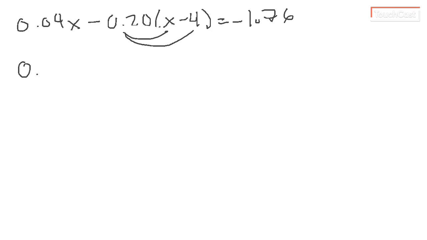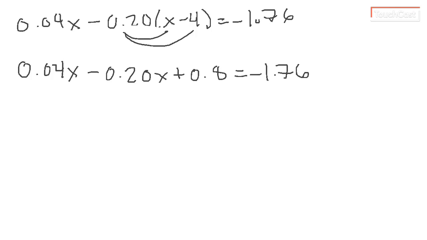We're going to end up with 0.04x minus 0.20x plus 0.8 equals negative 1.76. If we combine the x terms, we're going to get negative 0.16x plus 0.8 equals negative 1.76.